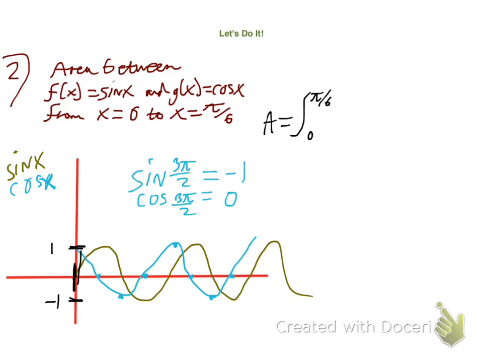So the area we're looking for is this super narrow area where the blue curve is the top curve and that brownish greenish curve is the bottom curve. In other words, cosine is the top curve and sine is the bottom curve. The area we're finding is that very narrow green space, and in that space cosine is the top curve, sine is the bottom curve.